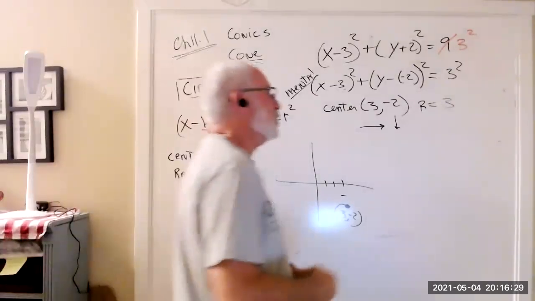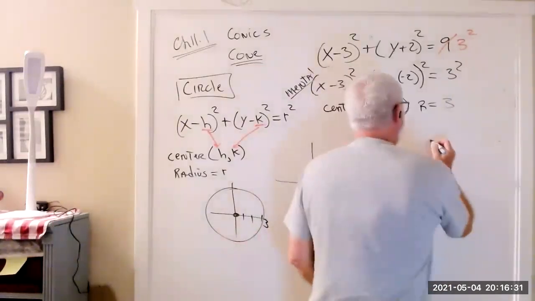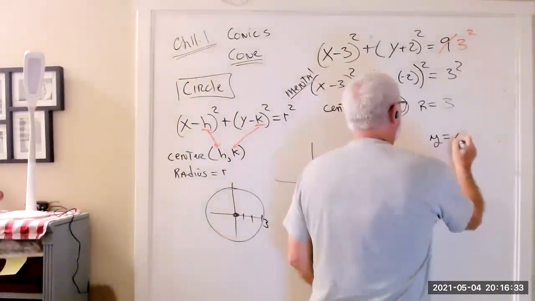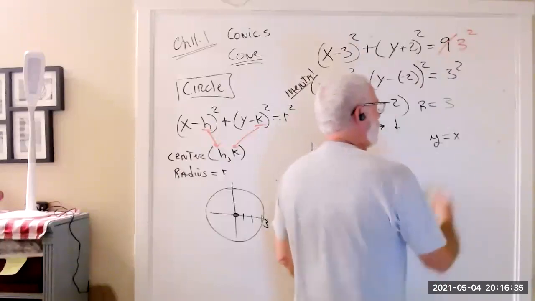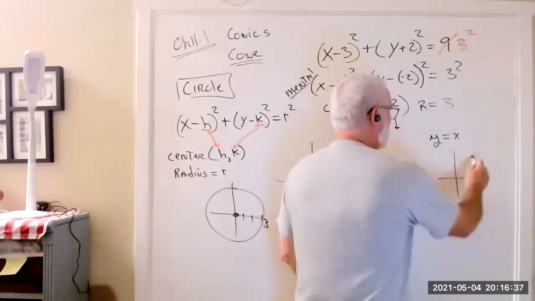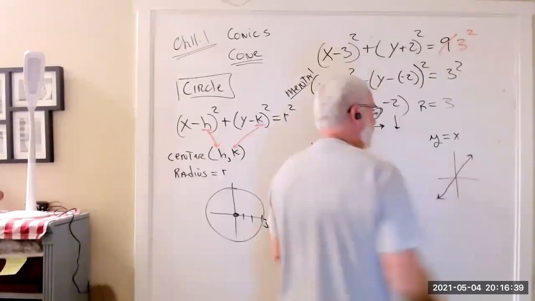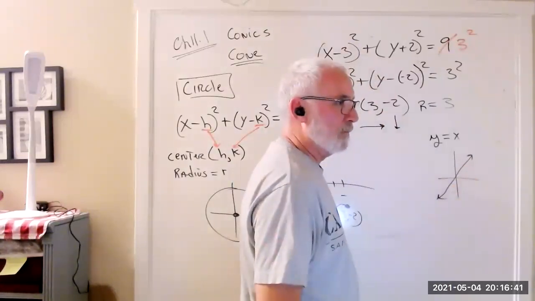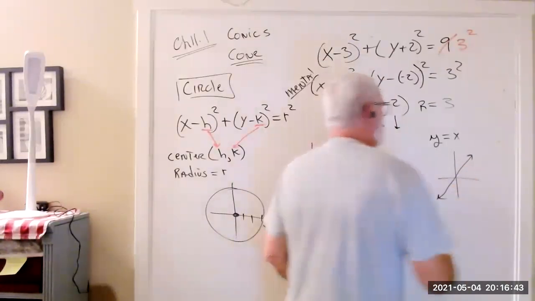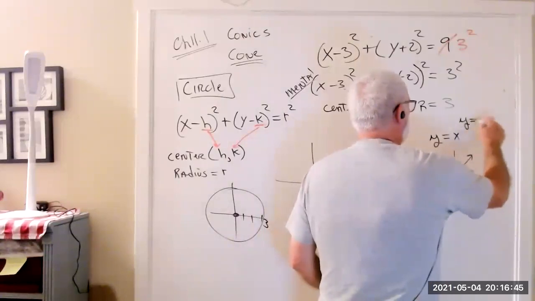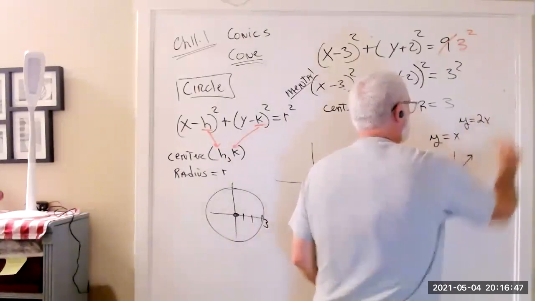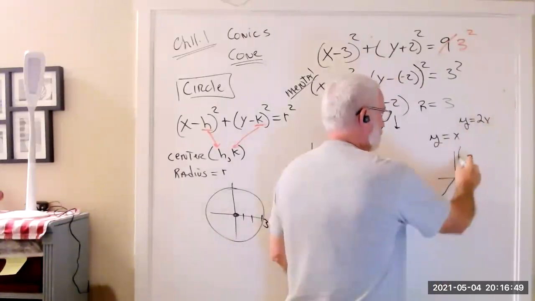Let's go back to when we graphed lines. Why couldn't we have said that's the line y equals x? No, we made you say, what about y equals 2x? That's got a different slope.